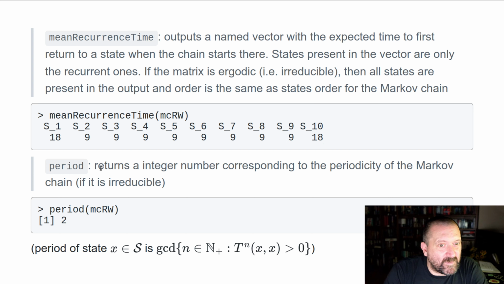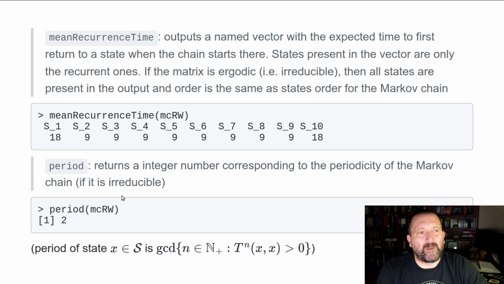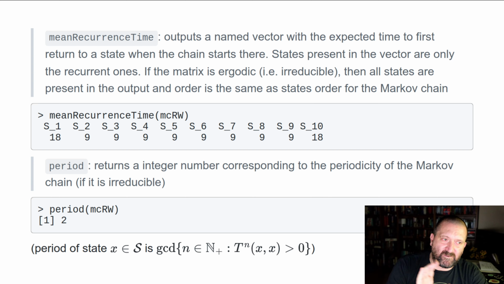Another question you might ask is the periodicity of the Markov chain. This is for regular Markov chains. And so the period of a state is given by this, and because that chain is irreducible, the period of the chain is the same.